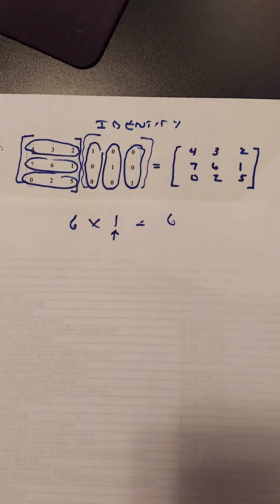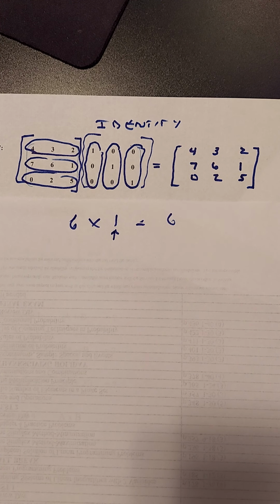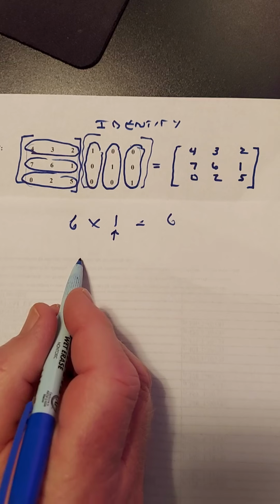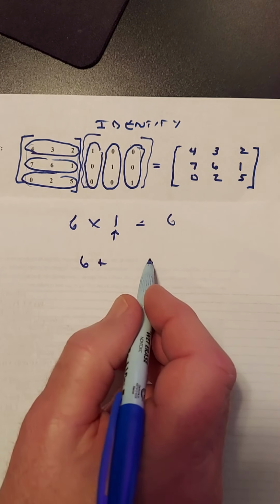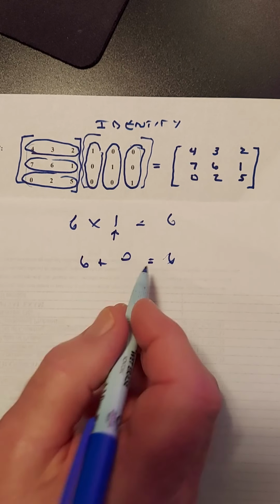That's very similar to what we were trying to get when we were talking about Gaussian elimination. If we were talking about addition, if we started with a 6 and we were adding something and we wanted to end up with 6, then that number is going to be 0.